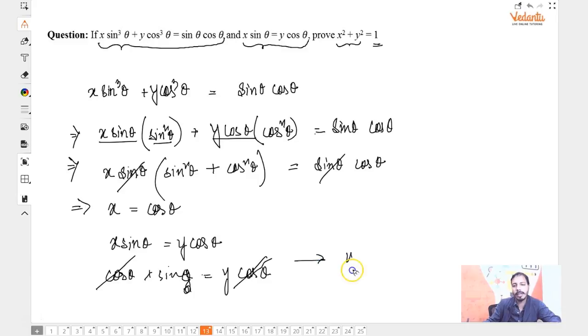So from here I will get y is equal to sine theta, right? Now let me put the values of x and y here. So left hand side will become cos square plus sine square, and that will be equal to 1, and thus we have proved this thing. So these types of questions can also come, right? So hope you like this question also.